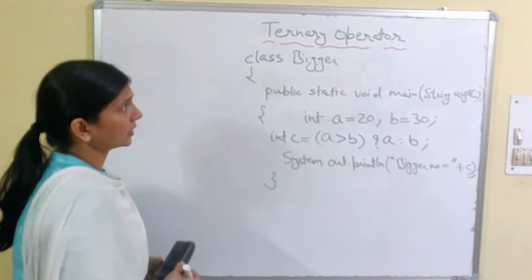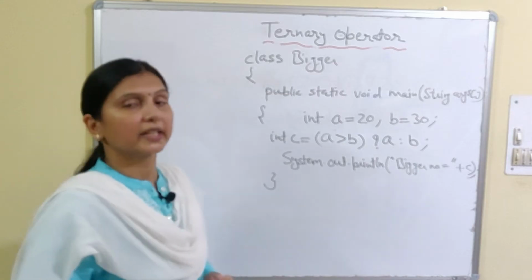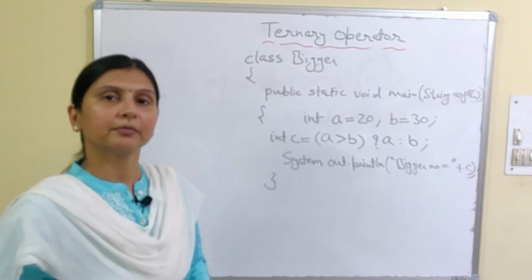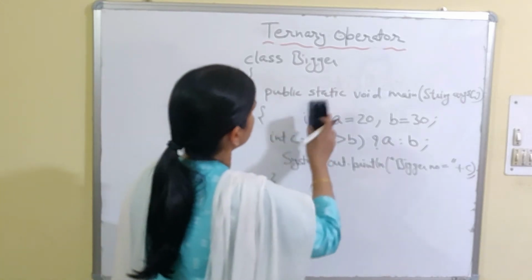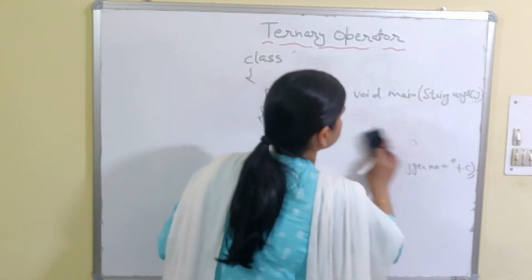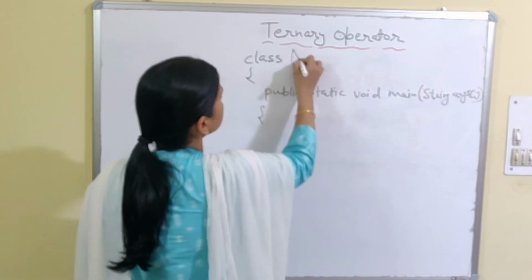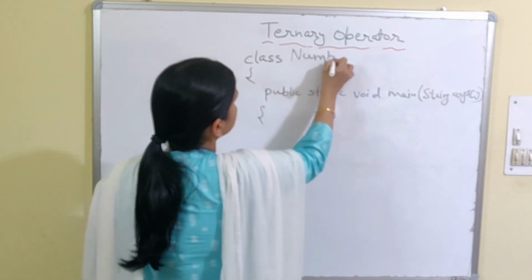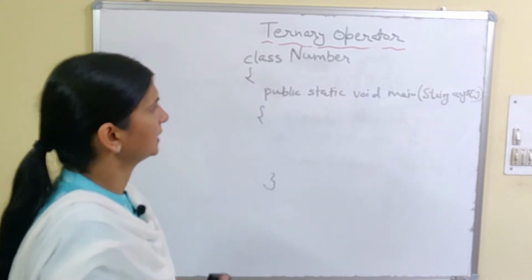Fine. Now the next program we will make is to take a number and check whether the number is even or odd. So in the same program, I will make changes. Class is number. Fine.